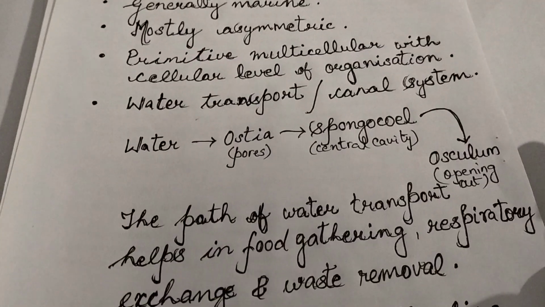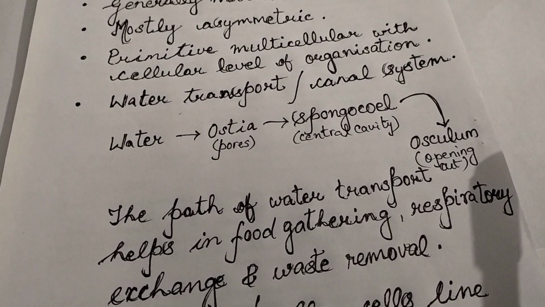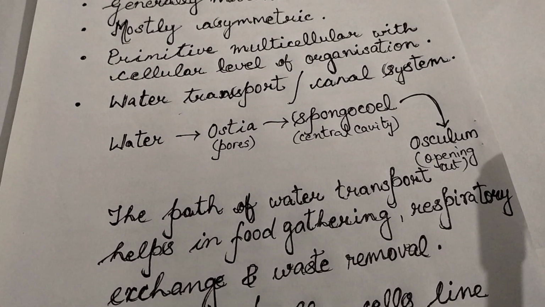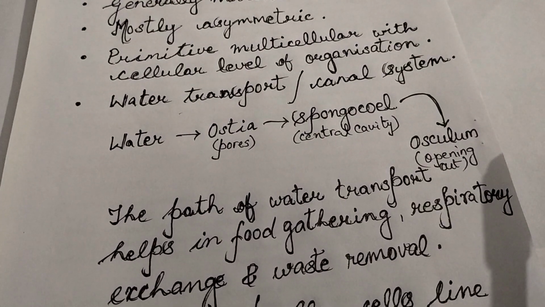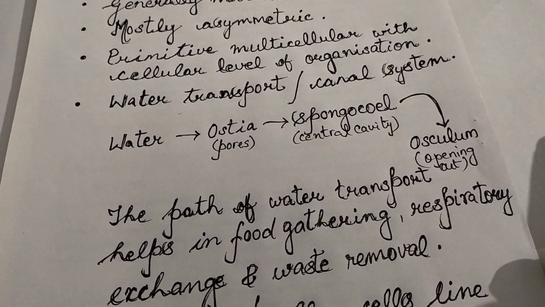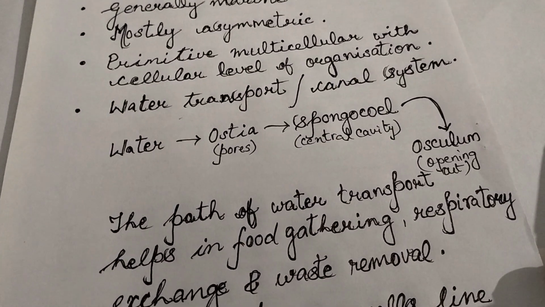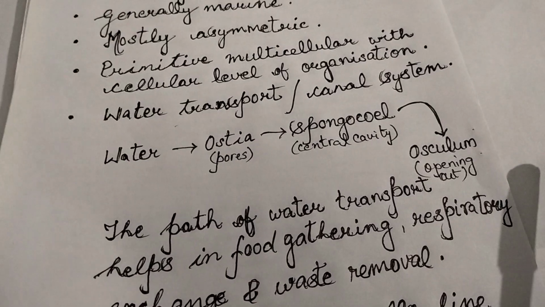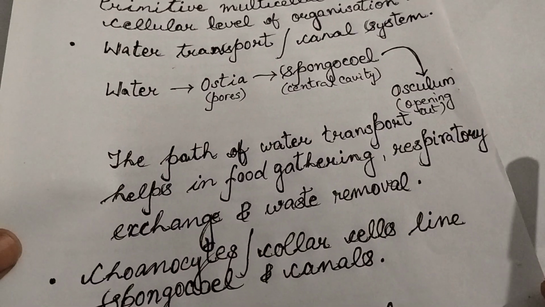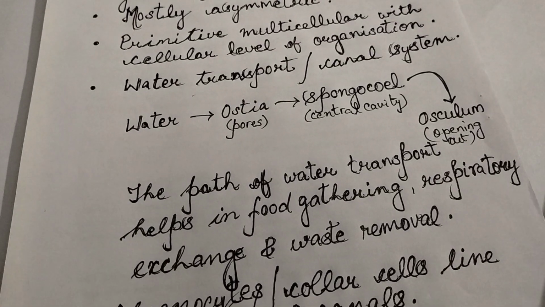Now, what is the use of transportation of water? As you have understood by now from studying biology, transportation is meant for circulation of food and removal of waste material. So what is the use of this water transport system? It helps in food gathering, respiratory exchange and removal of waste material.